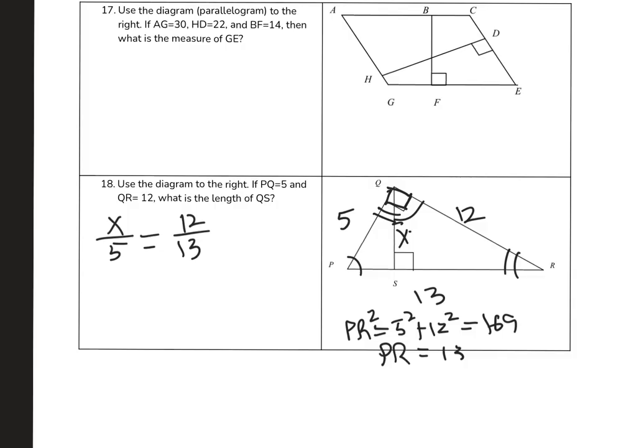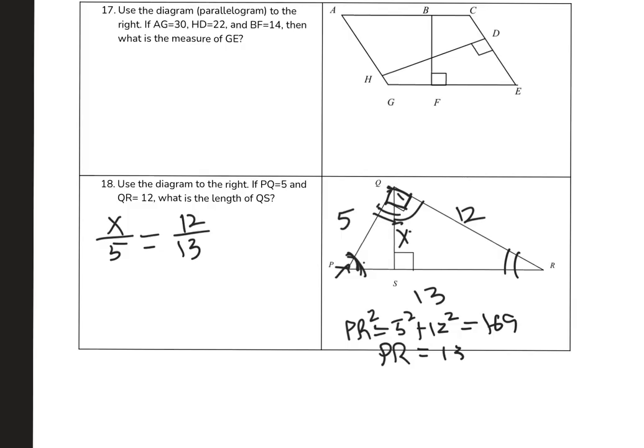Okay, so we know that the side length 5 is the hypotenuse of triangle QPS, and we know that 13 is the hypotenuse of triangle PRQ, the big triangle. We also know that the side X is the side opposite this angle here, and we also know that the side 12 in the big triangle is the side opposite this angle here as well.